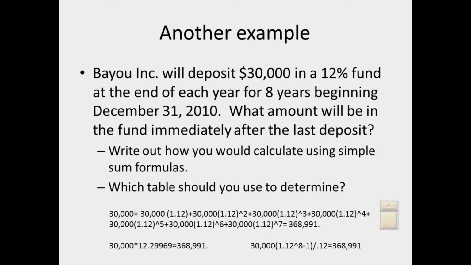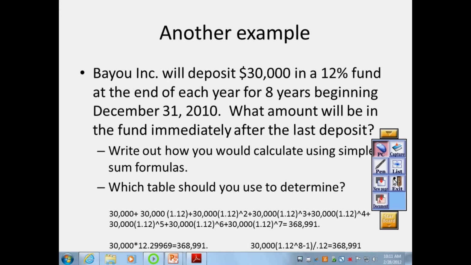The payment I made 2 years before the end is $30,000 times 1.12 squared. Why squared? Well, because I'm earning interest the first year, and then I'm earning interest on the $30,000 plus the 12% that I had earned in that first year. Okay, so it's compounding. So that's one way of doing it.